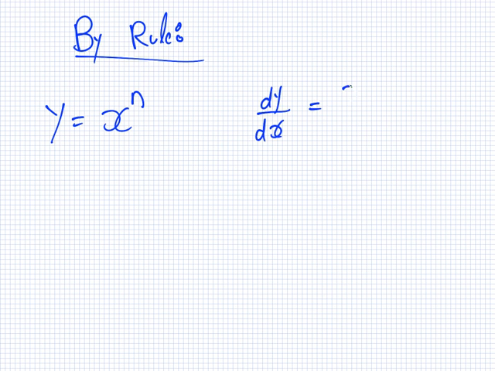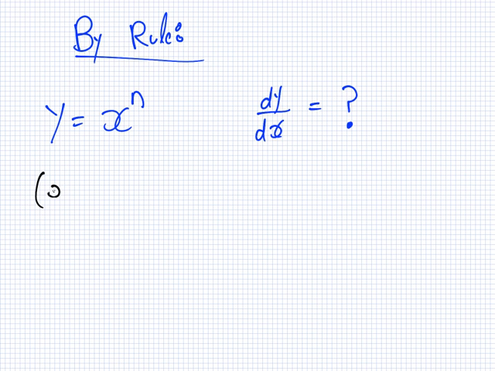I would like to know what the derivative is. Last time we learned, for example, if we had x squared, the derivative is 2x. So what is it when it's a power like n? What's the general formula? We'll go about it the same way as last time.